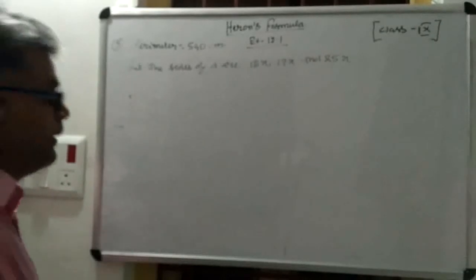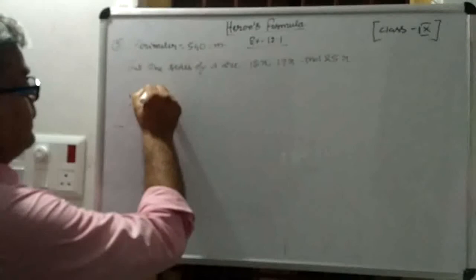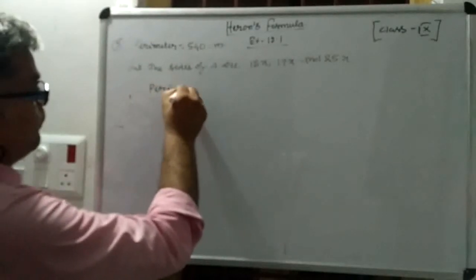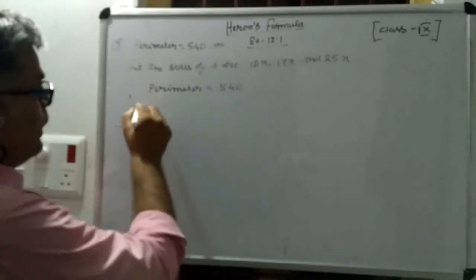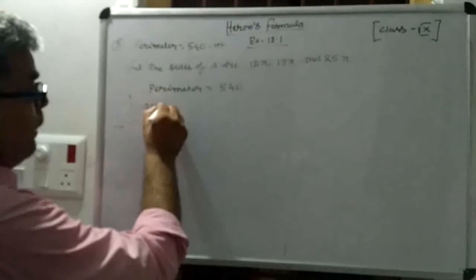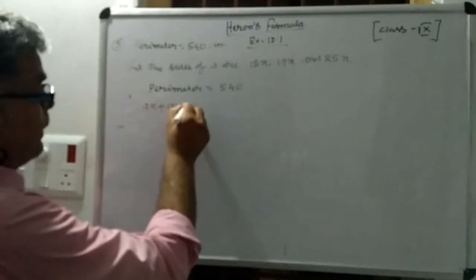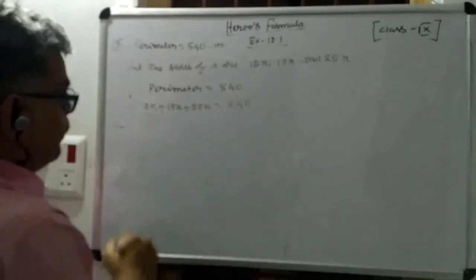So again you apply the formula for the perimeter. Since perimeter equals 540, and we know that the perimeter equals the sum of all three sides, so 12x plus 17x plus 25x will be equal to 540.